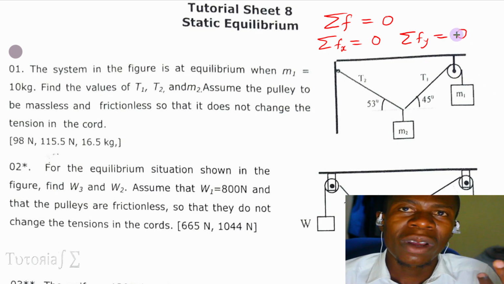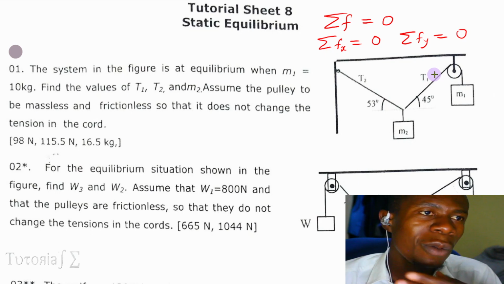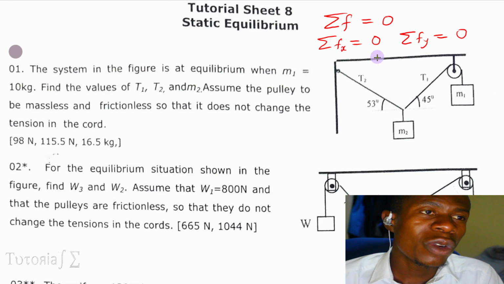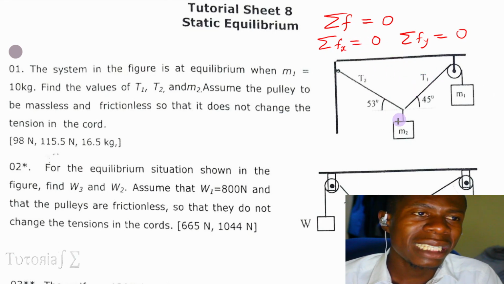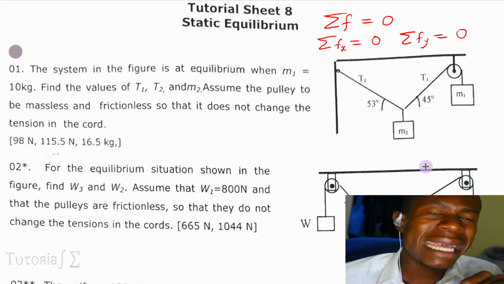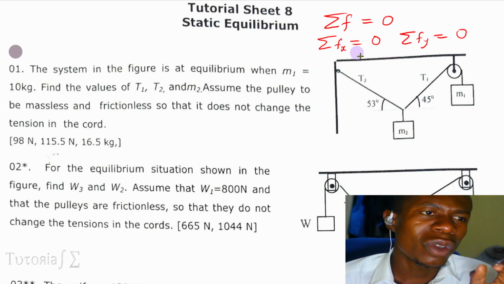So if you understood resolving vectors into components, this would be a walkthrough. This is what we'll be using to find the tensions and the missing masses in all questions on static equilibrium. We're just making use of the concepts that we learned in vectors.